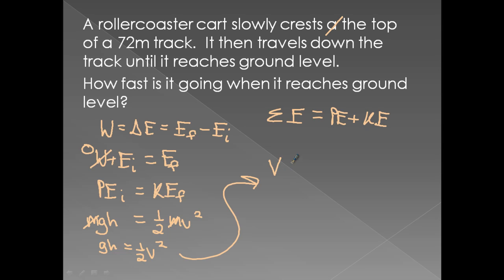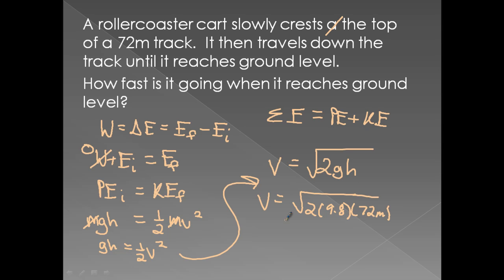You get v equals the square root of 2gh. Now we plug in our numbers. 2 times 9.8 times our height, which was 72 meters. Whip out your handy-dandy calculators, and you get a velocity of 37.6 meters per second.